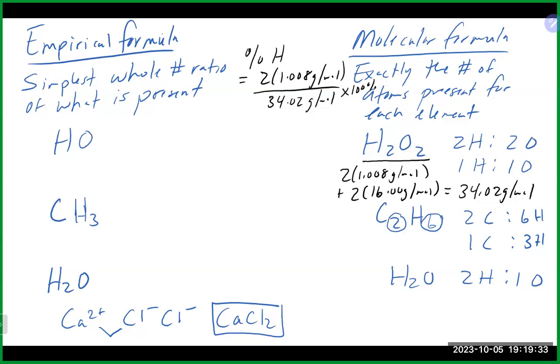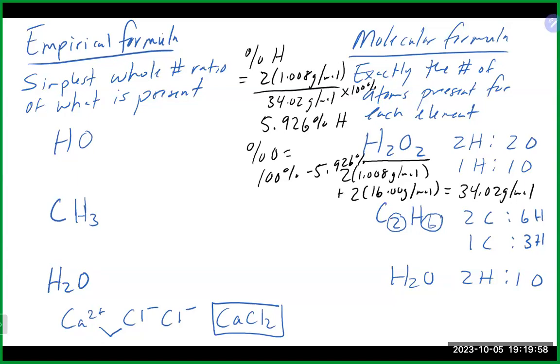And if we do that, that tells us that we have about 5.926% hydrogen. Because oxygen is the only other element there, the percentage of oxygen should be 100% minus 5.926%.